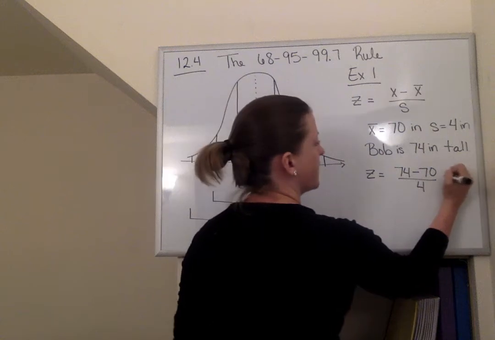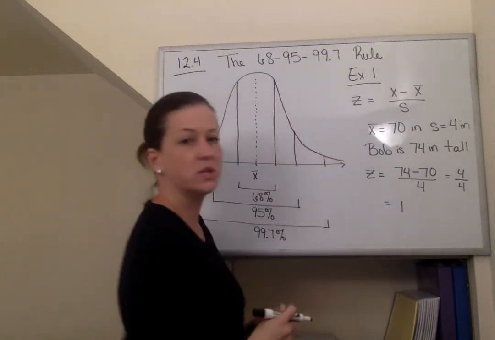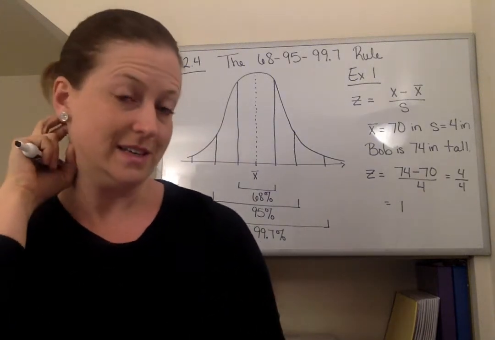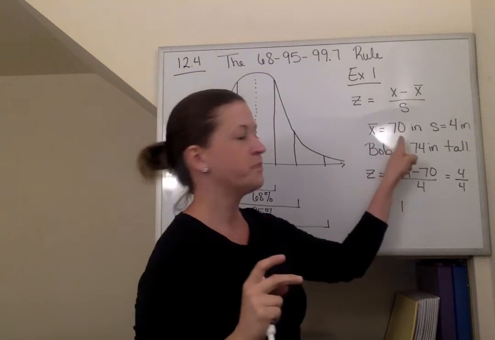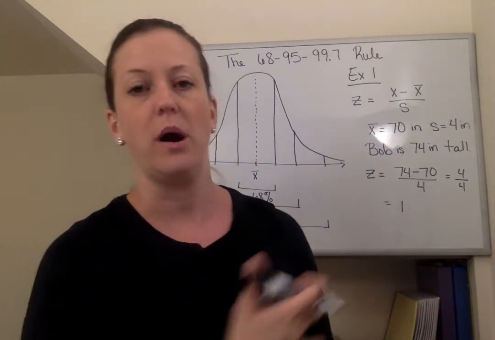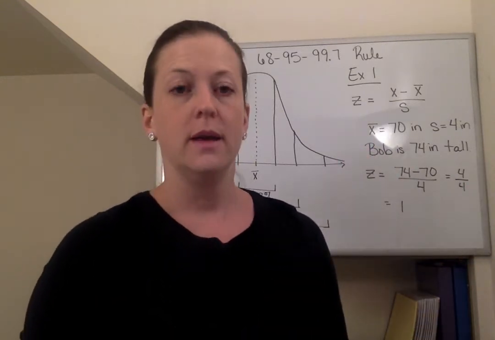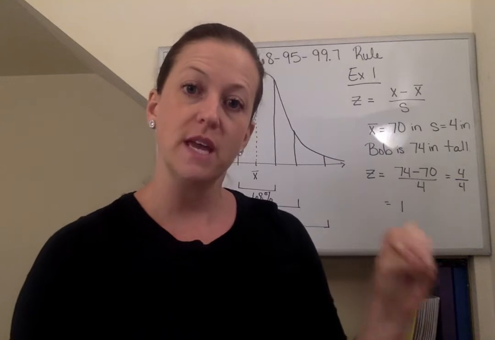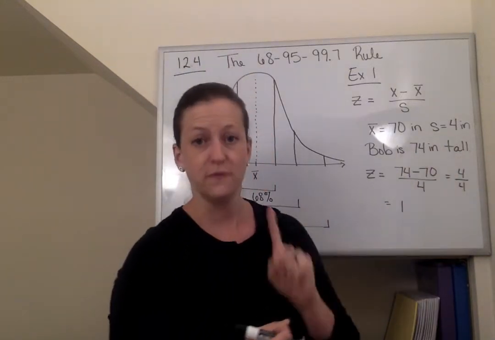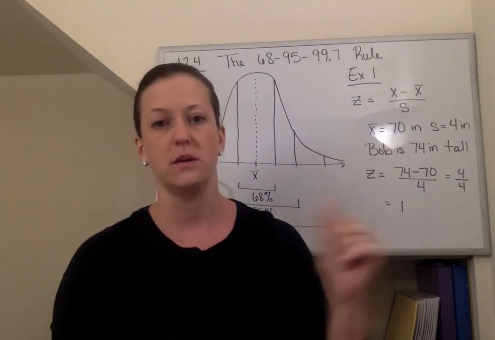This is 4 divided by 4, which is 1. If I were to ask you how many inches above the mean is Bob, well, he's 4 inches bigger than the average. How many standard deviations is that? The standard deviation was 4, so that's 1 standard deviation more than the mean.